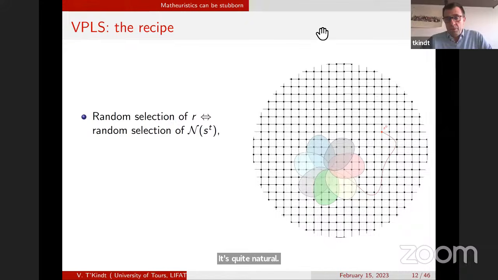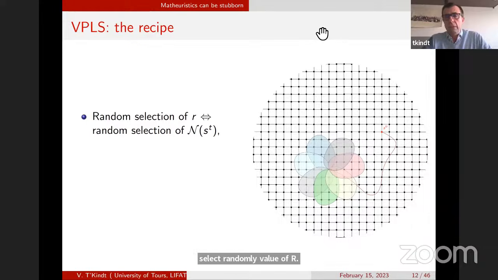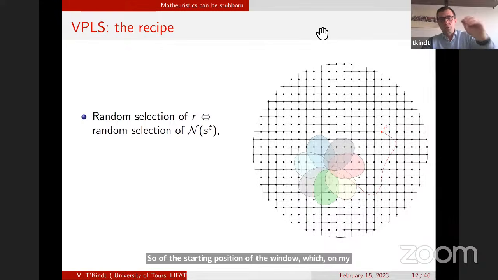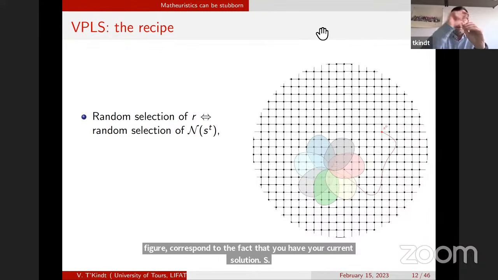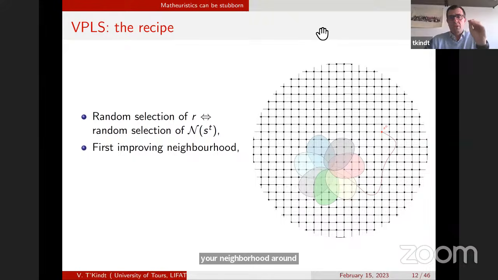And in the Matheuristic, what the authors did was to select randomly a value of R, the starting position of the window, which on my figure corresponds to the fact that you have your current solution ST, and you select randomly a neighborhood around ST, and you optimize in this neighborhood.